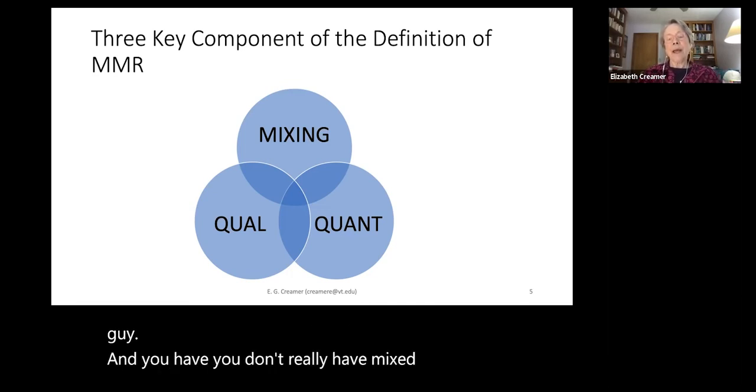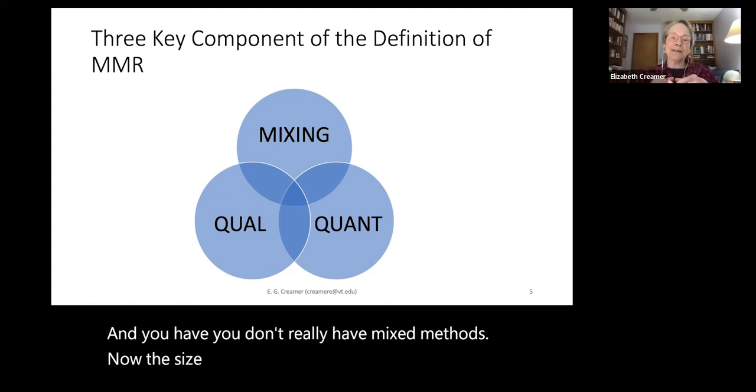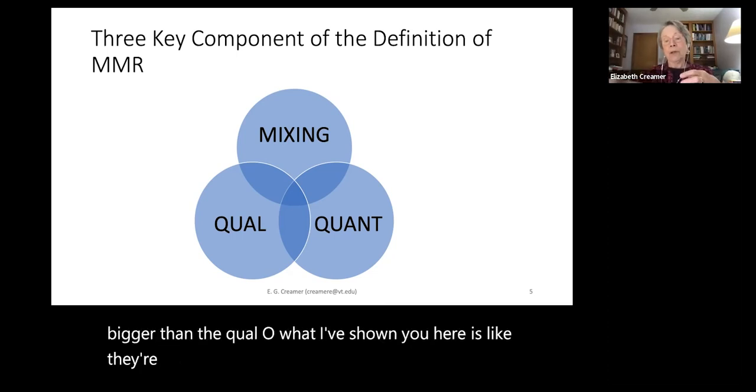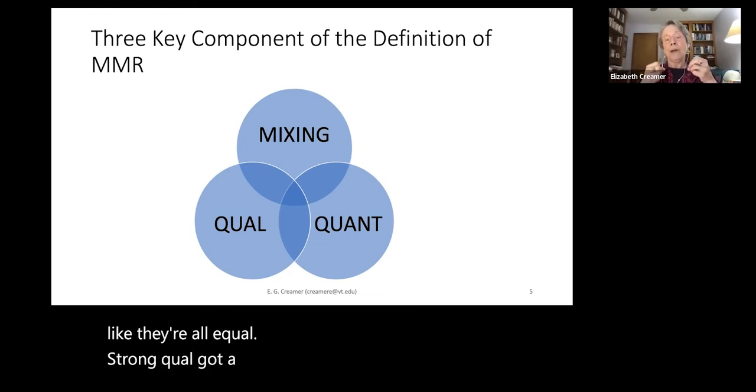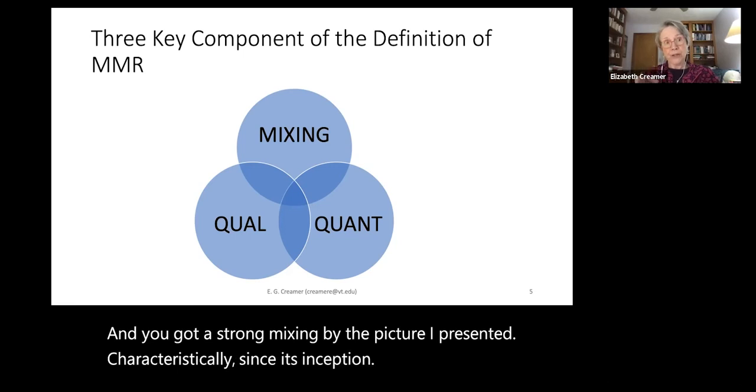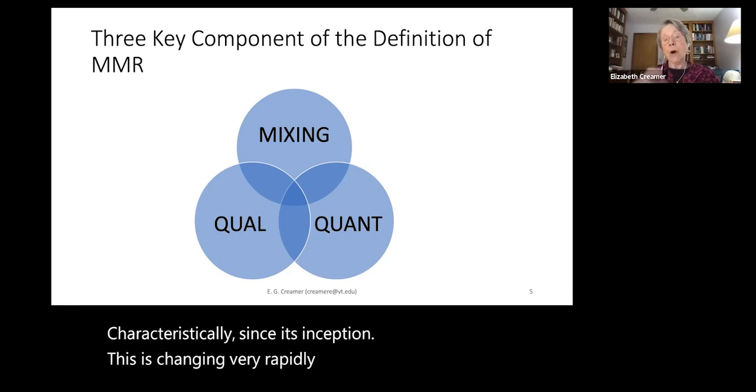Now, the size of these circles: I could show the qual can be bigger than the quant, or the quant can be bigger than the qual. What I've shown you here is that they're all equal. You've got a strong qual, a strong quant, and a strong mixing, by the picture I presented. Characteristically, since its inception, and this is changing very rapidly, I think, the quant has been bigger.